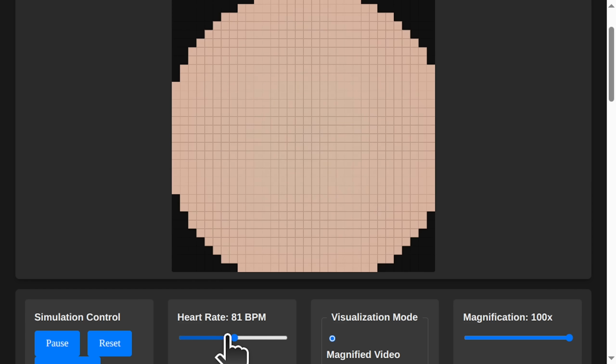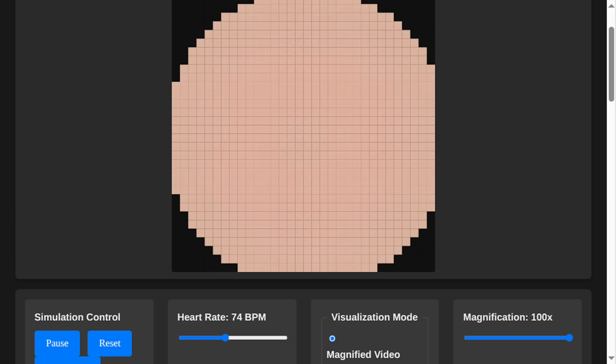Got it. But the phase map, Misha, that thing looks like a psychedelic poster from the 70s. What am I looking at? That's the coolest part. The phase map isn't about how strong the pulse is, but when it arrives. The color represents the timing. As the pulse wave travels outwards from the center, the color changes, showing the delay. It's like watching ripples in a pond, but the ripples are your heartbeat.